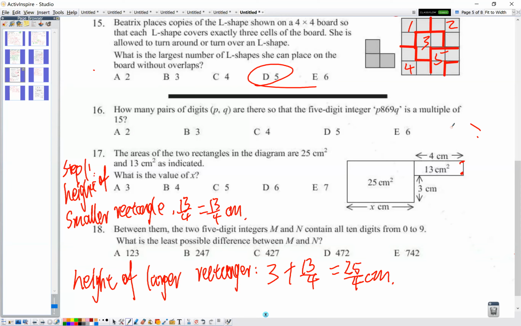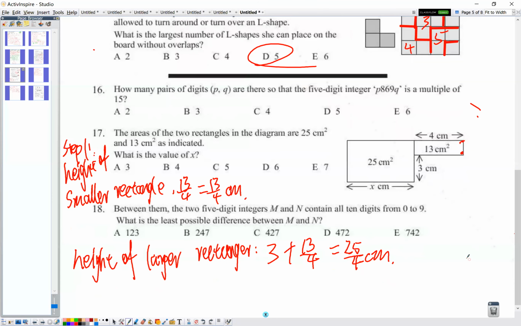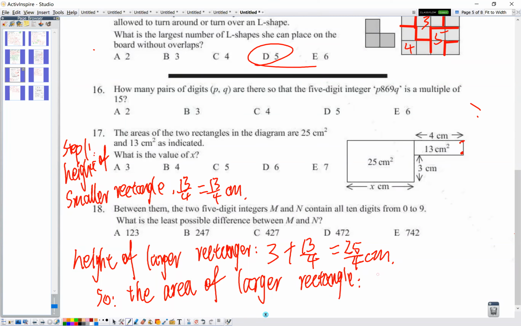So we can consider the large area, the large rectangle. So we can get x times 25 over 4.